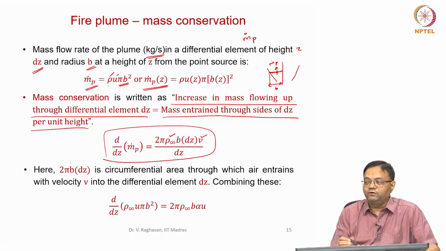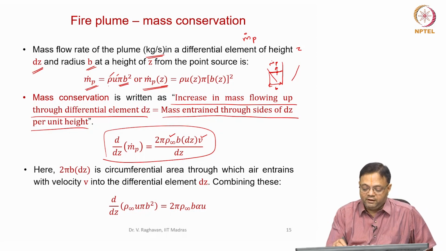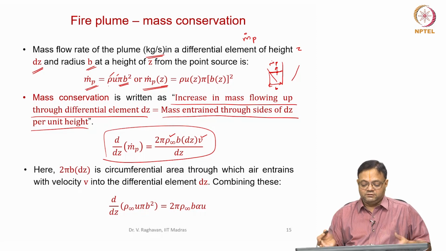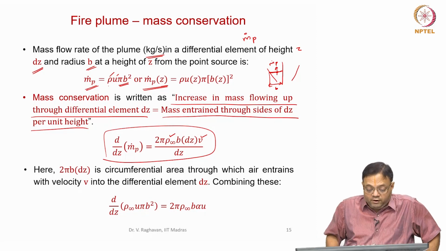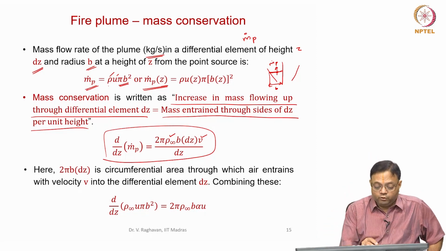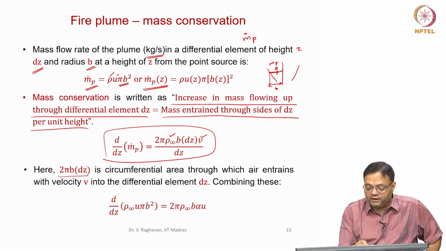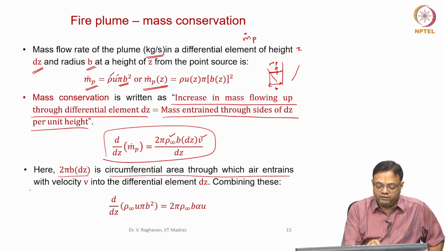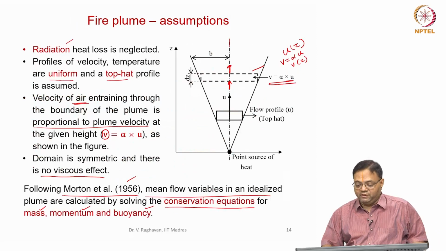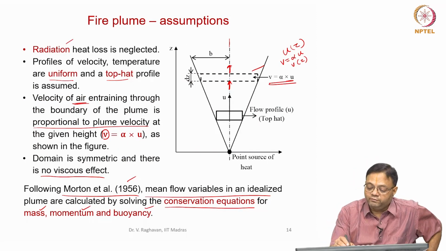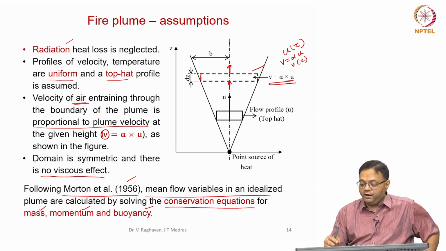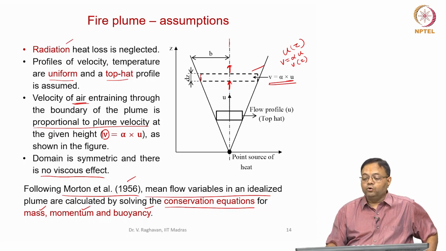Rho infinity v is the mass flux that entrains. So, this is nothing but the mass rate of air divided by dz. You can see this from the schematic. The circumferential area is 2 pi b into dz, where b is the radius here, into v the velocity, into rho infinity.